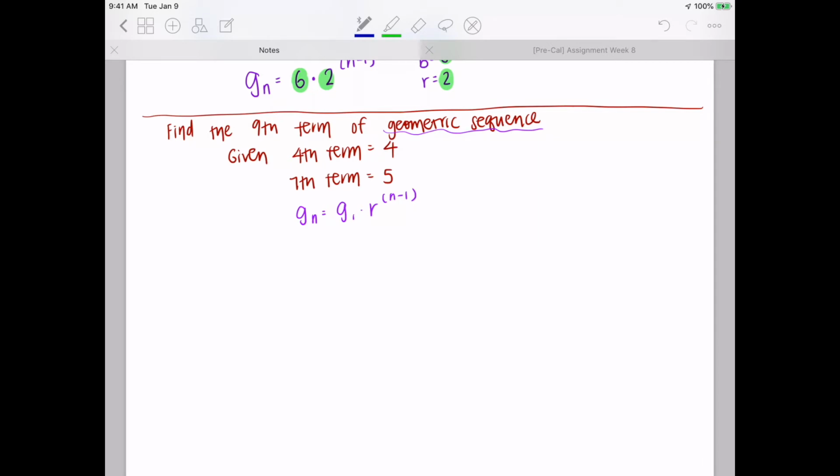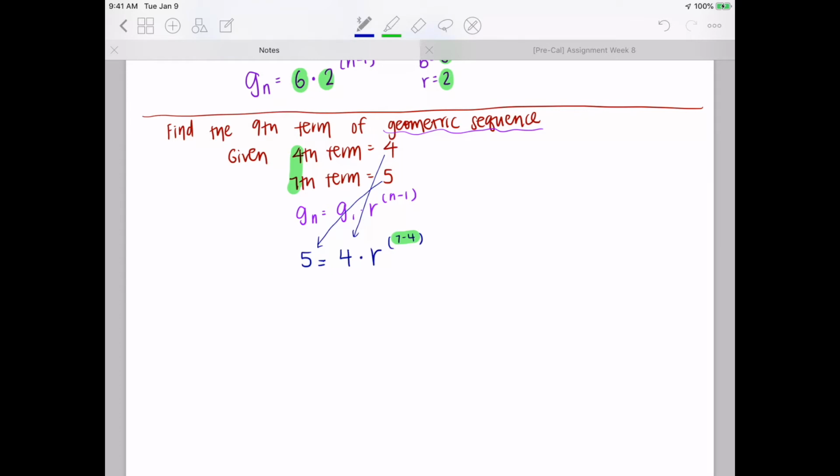Our 4th term is 4 from here. And we don't know our pattern, so the pattern remains as r. And our result right now is actually 5 right here. Okay, how many numbers apart are the fourth and the seventh term? It's 3 numbers apart, right? So it's 7 minus 4. 7 minus 4 is from these two numbers.